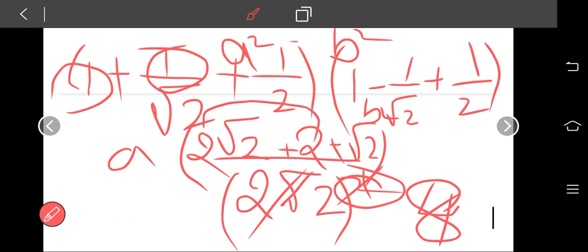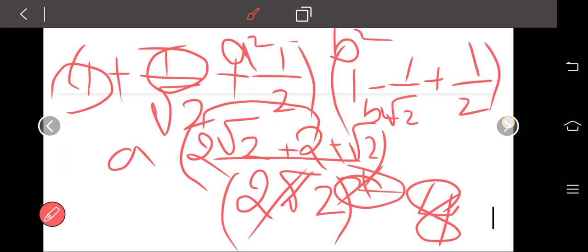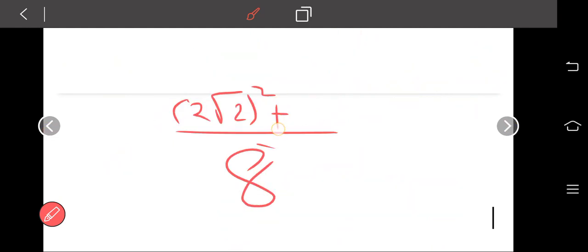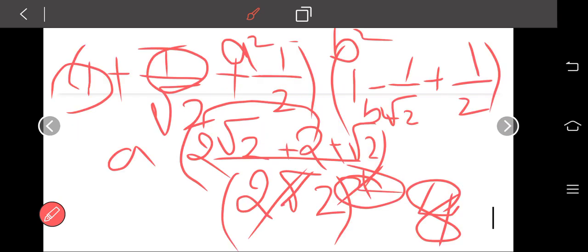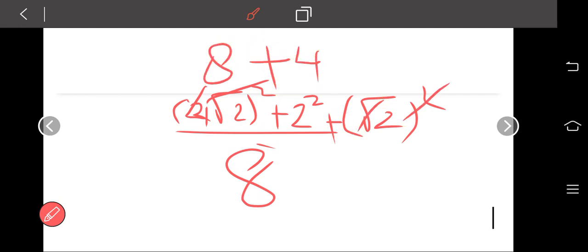Coming to the numerator, whole square we did: 2 root 2 whole square plus 2 square plus root 2 whole square. So what will be the answer? 4 root and square get cancelled, so the answer will be 8 plus 4, and root square gets cancelled, so plus 2. This will be your answer.